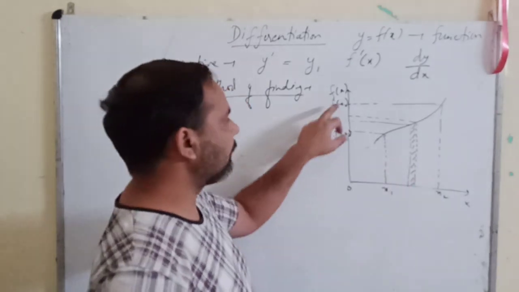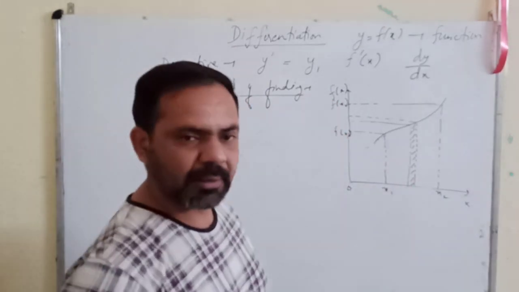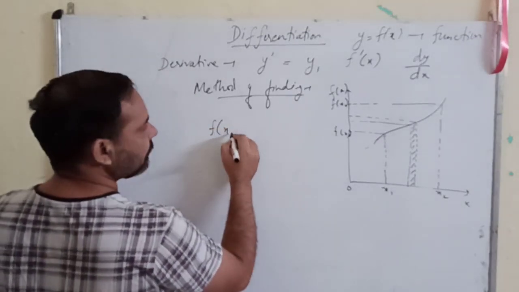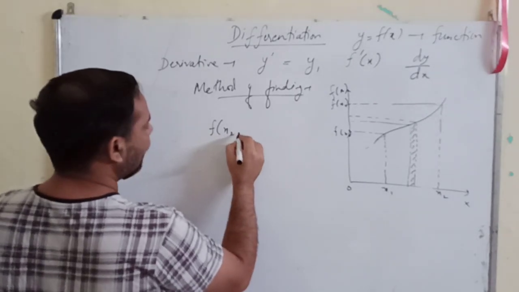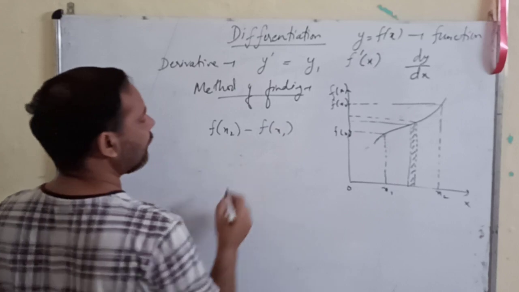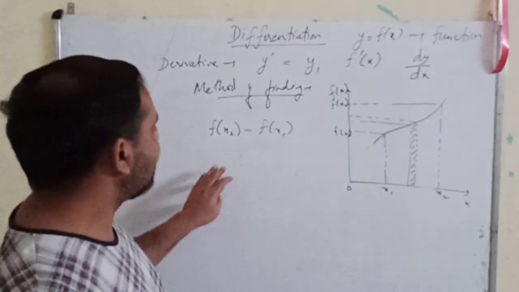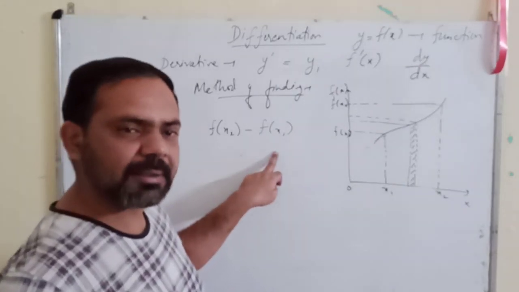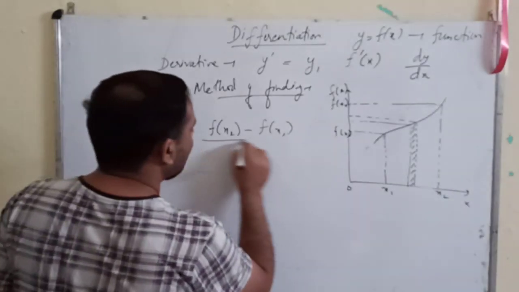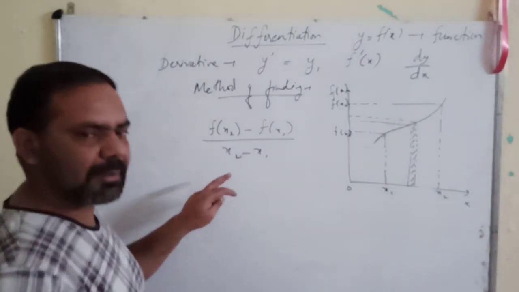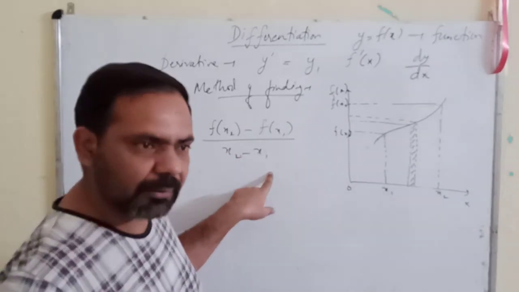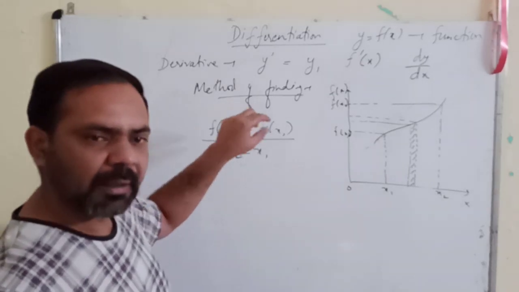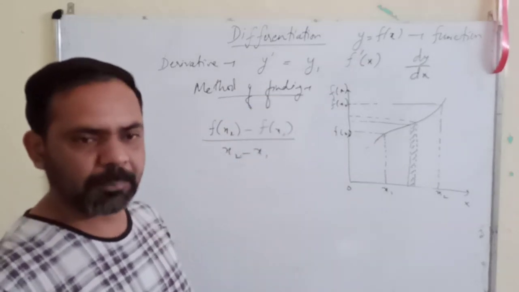For x1 and x2 you have the values of the function f(x1) and f(x2). f(x2) minus f(x1) is the change in image, and x2 minus x1 is the change in pre-image. So this is the rate of change of image with respect to the change in pre-image.